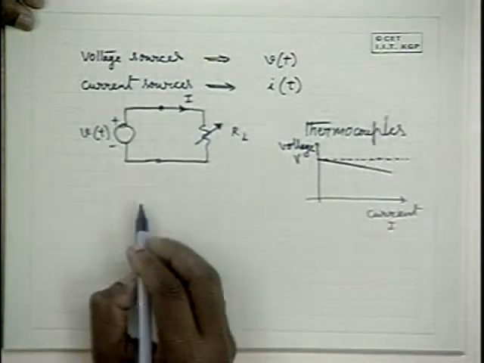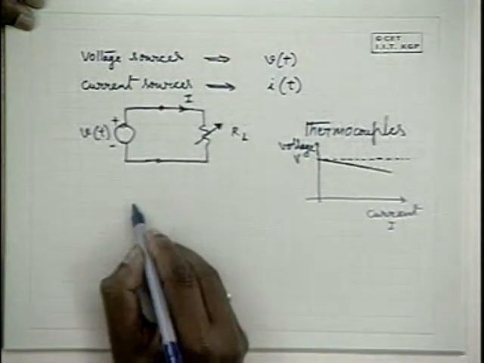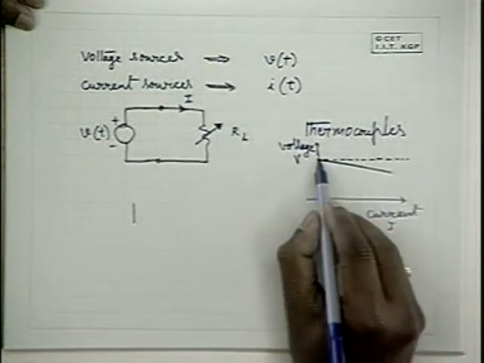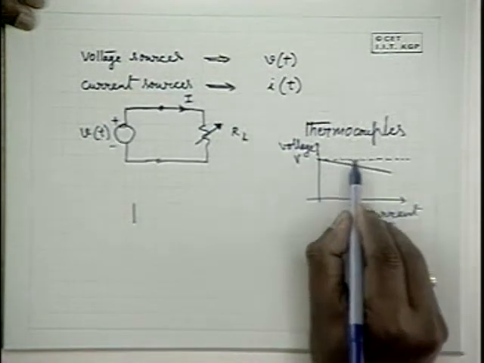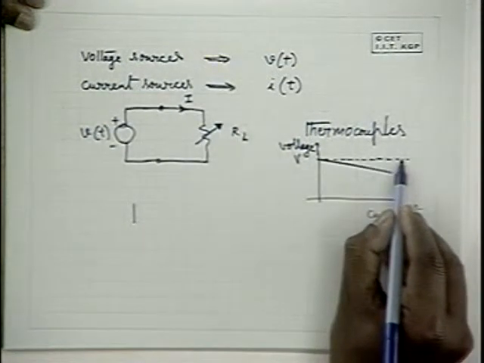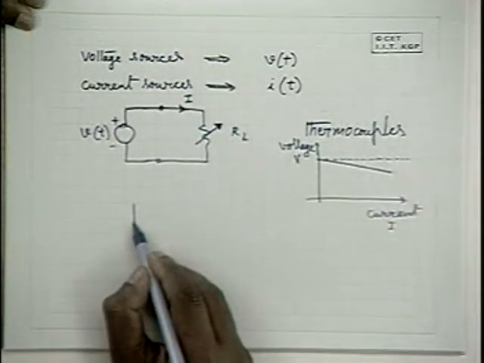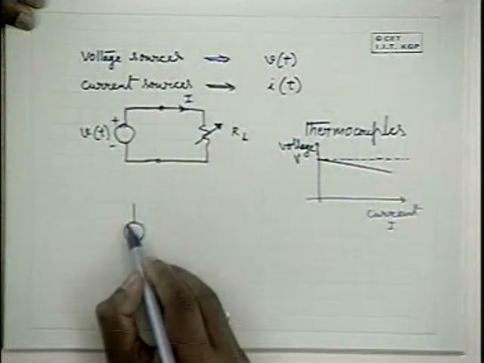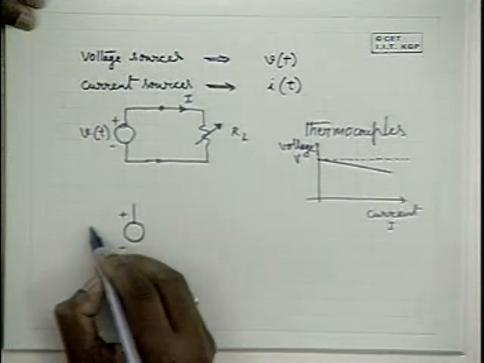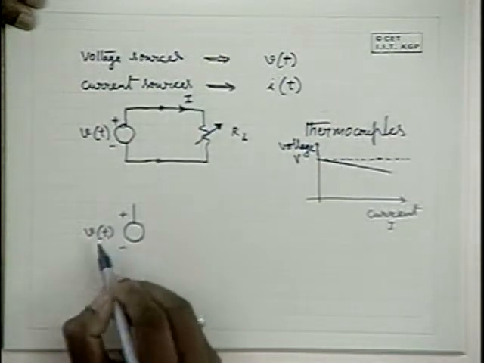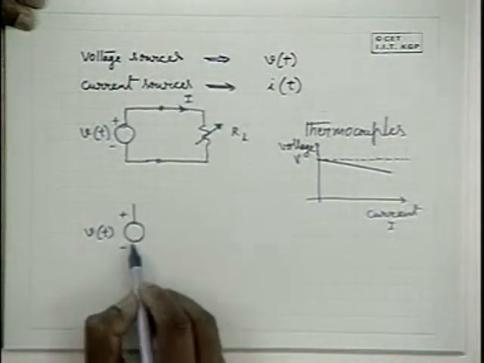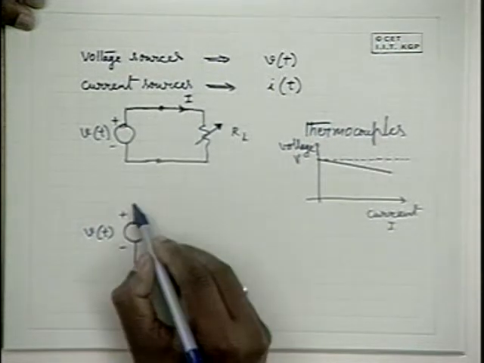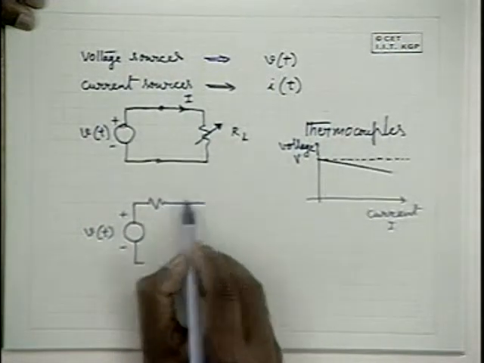If it is an ideal voltage source, the voltage should remain constant like this. Hence, such practical voltage sources can be represented by an ideal voltage source in series with some source resistance.